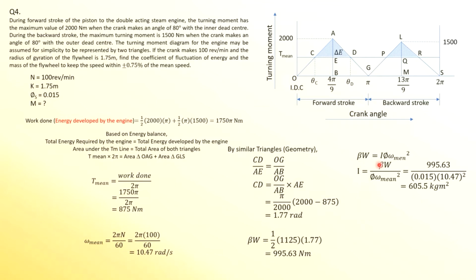We know that delta E equals I times omega mean squared, where omega is the average speed. Delta E we found is 995.63, divided by this, based on this formula, changing the subject to I. So we can find the moment of inertia, or the second moment of mass, to be 605.5 kg meter squared. Then from there I can find the mass, because we know that the moment of inertia is m k squared.